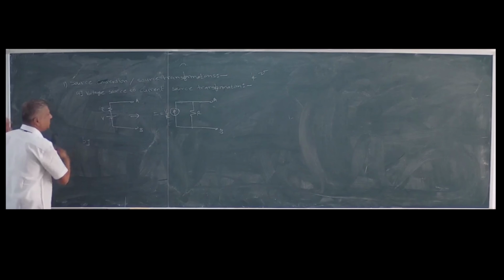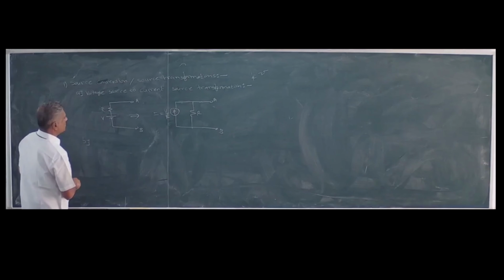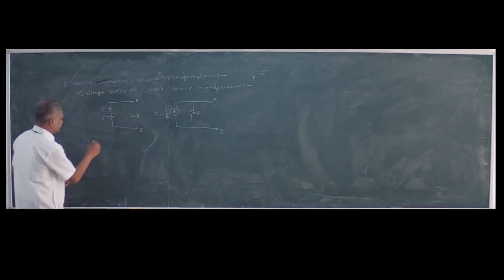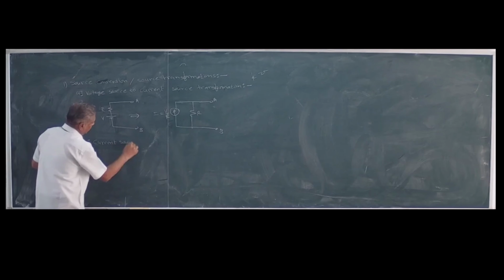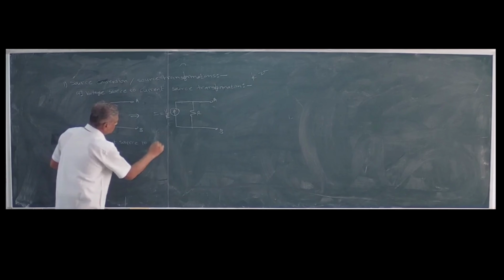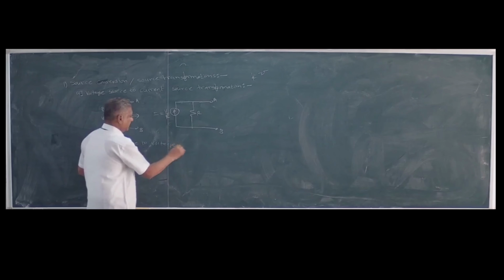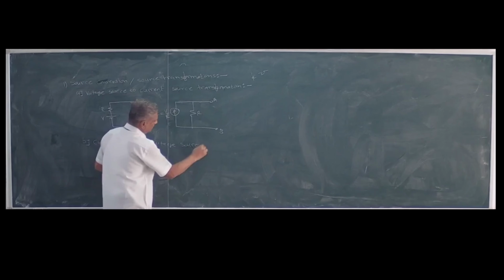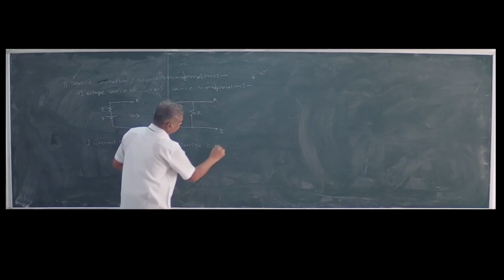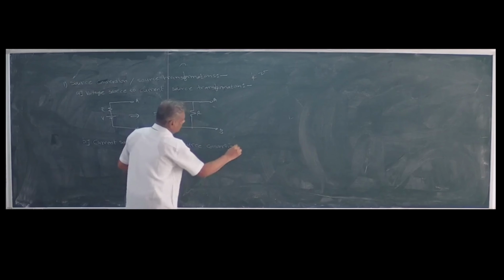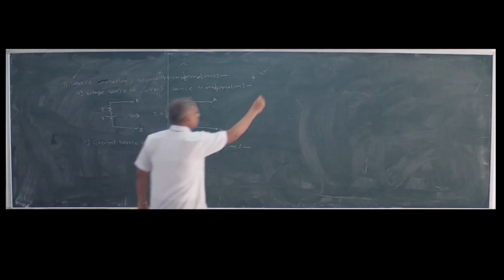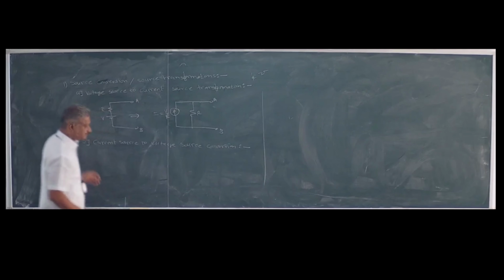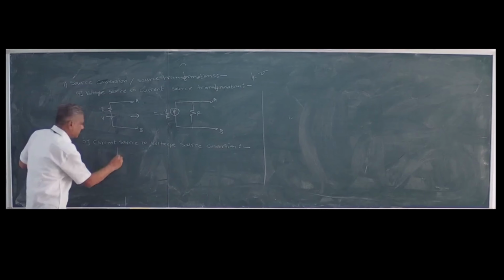The second point, that is point B, is current source to voltage source conversion, or transformation. One and the same thing. It will be something like this.